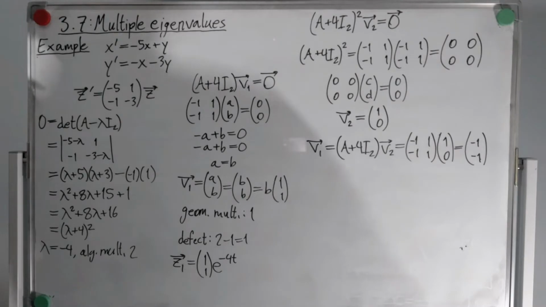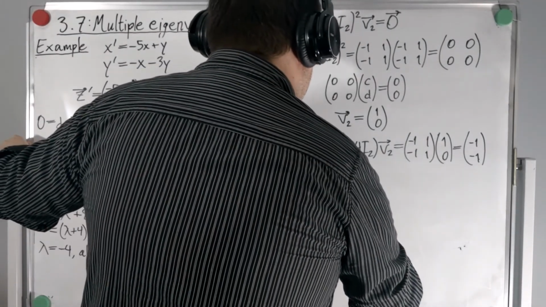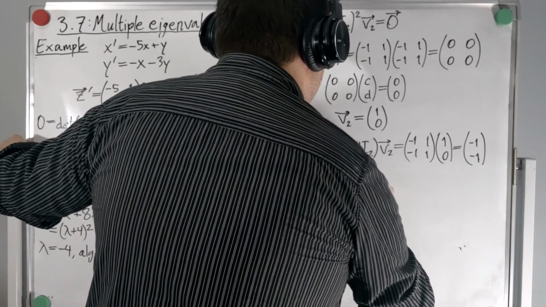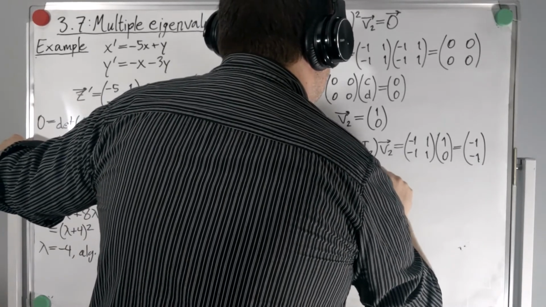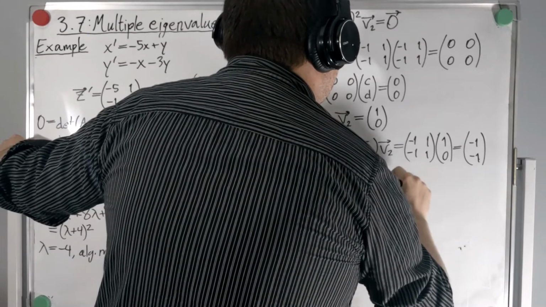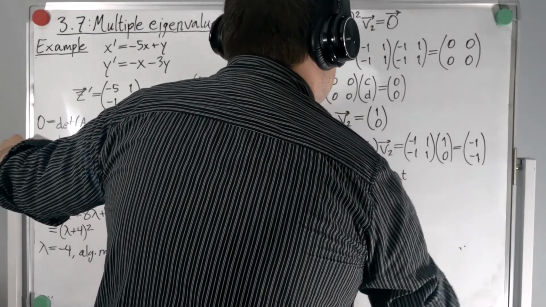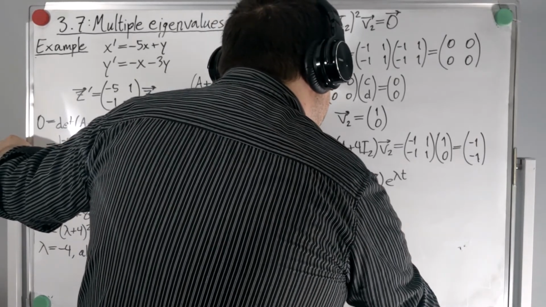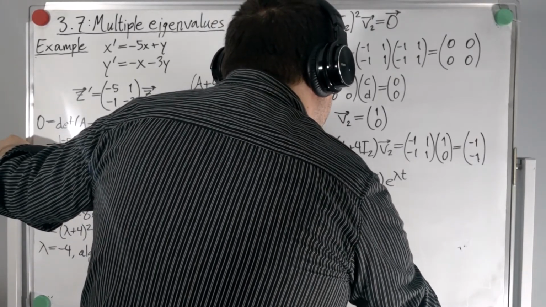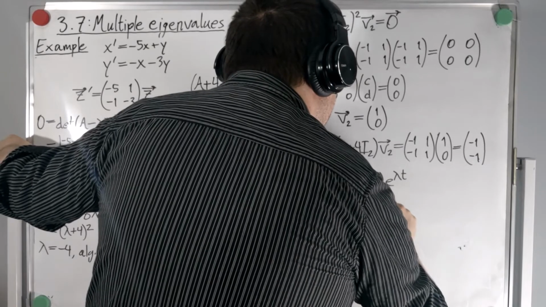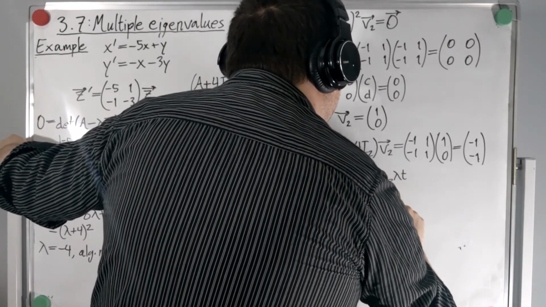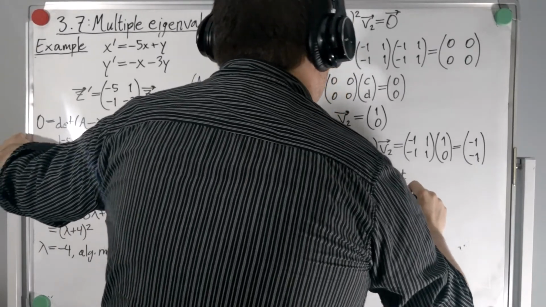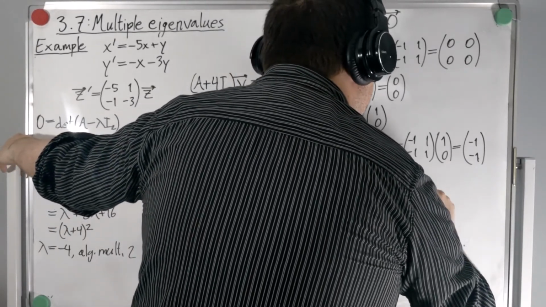And so now finally we can construct the second basis solution. This is going to be (v1 t plus v2) e to the lambda t, which in our case is going to be negative 1 times t plus 1, 0 times e to the negative 4t.